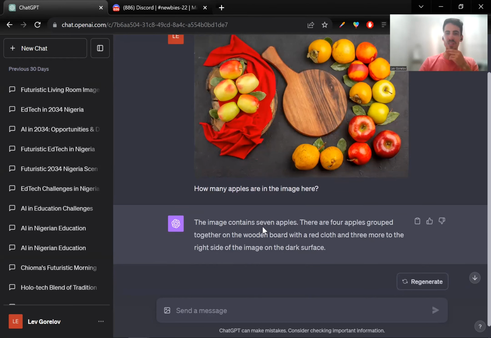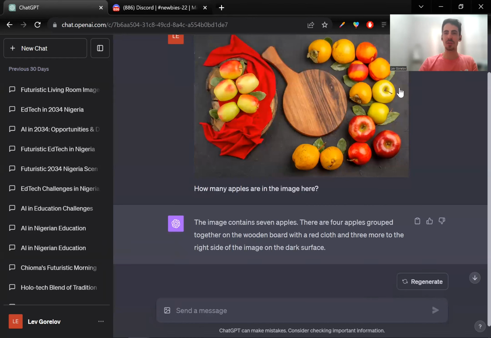And it says the image contains 7 apples. There are 4 apples grouped together on a wooden board. On the wooden board? No, there's no apples on the wooden board. With a red cloth. Oh, okay, so counting over here, there's 4. There's obviously 5. I'm surprised it couldn't do that. And 3 more on the right side of the image on the dark surface.